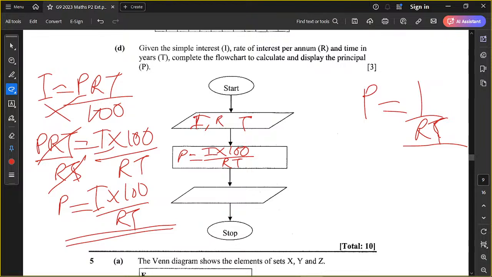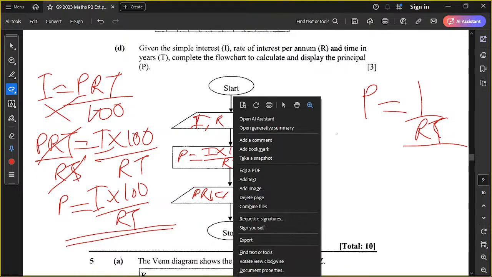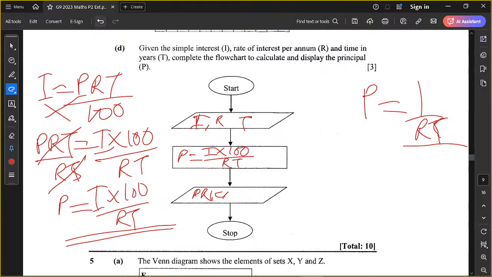Then when that is processed, what will be the product? We're going to have principal. Bear with me if the spelling is not okay, but I'm trying, I've skipped a few letters here. That is principal. That's how you find principal.